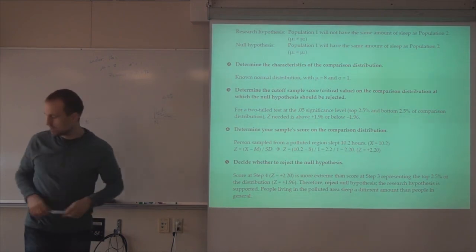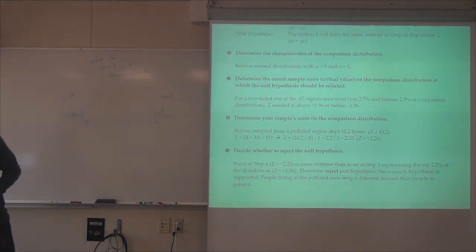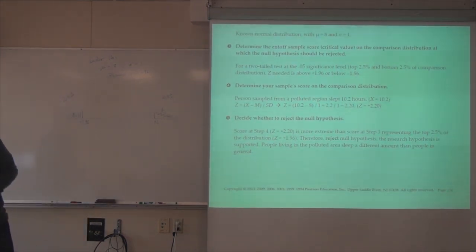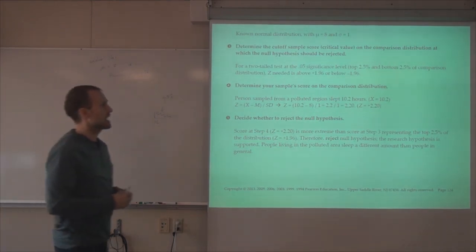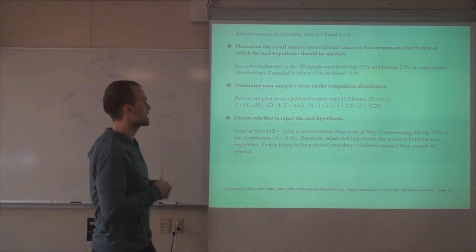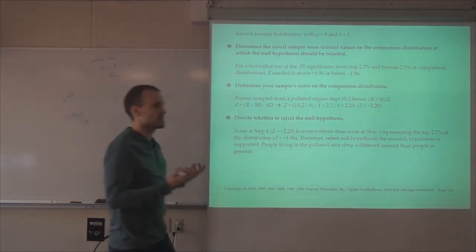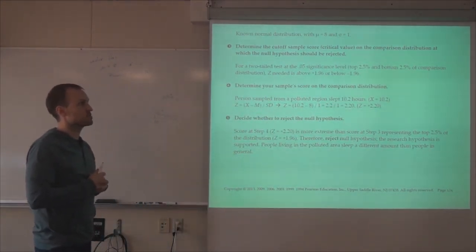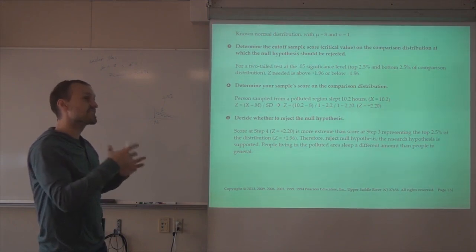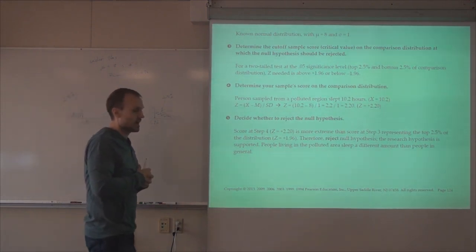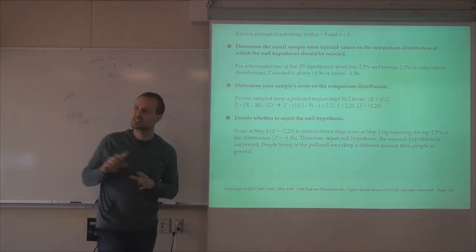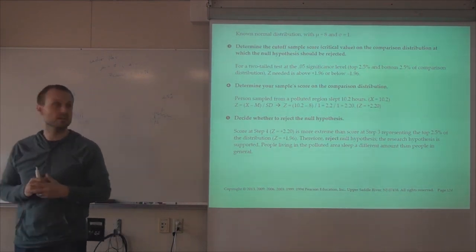I'm then going to compare that to the Z score of the sample value that I get, sample score that I get, which is a 10.2. Now, that's higher than the population 2 mean, but is it significant? Is it high enough to say that that's not really something I would get randomly?